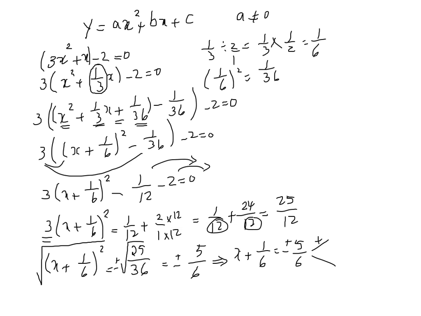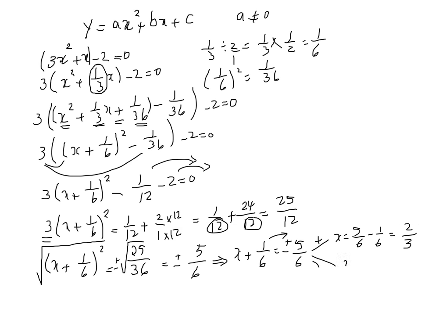There are going to be two solutions depending on if I take the positive root or negative root. If I say x plus 1 over 6 is 5 over 6, I can move this one to the right. I get x is 5 over 6 minus 1 over 6, which is 4 over 6, which is 2 over 3. That's the first solution.